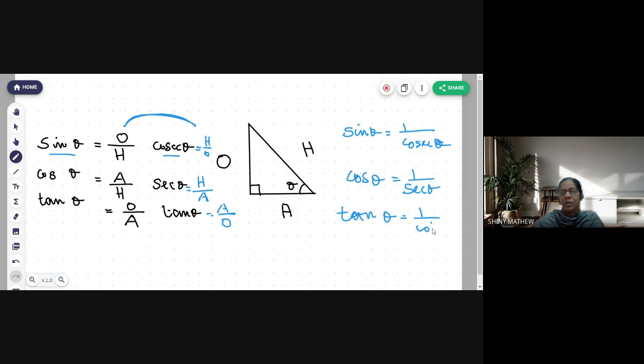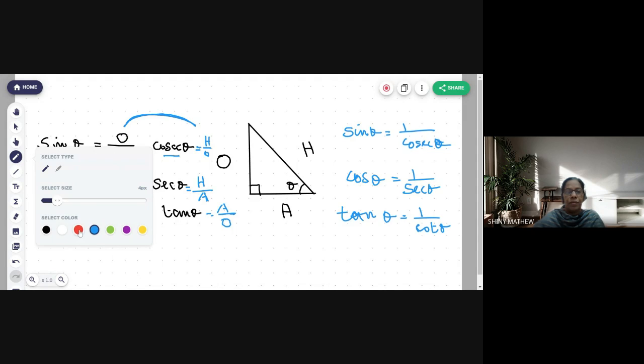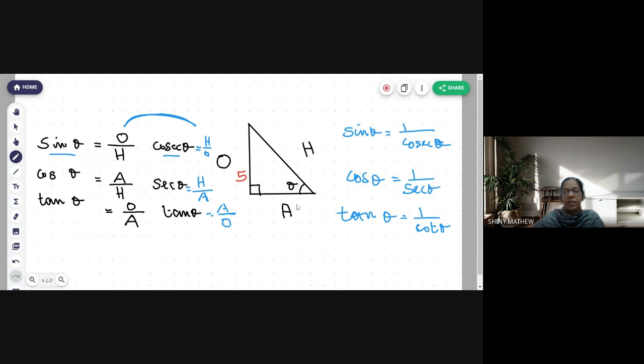Okay, so by using these trigonometric ratios we can find the side or angle of any right angle triangle. Suppose the opposite side is 5 and the adjacent side is 12. Then how can you find sine theta? Opposite side by hypotenuse is sine theta, but we have only the opposite side and adjacent side. So we can find the hypotenuse first.